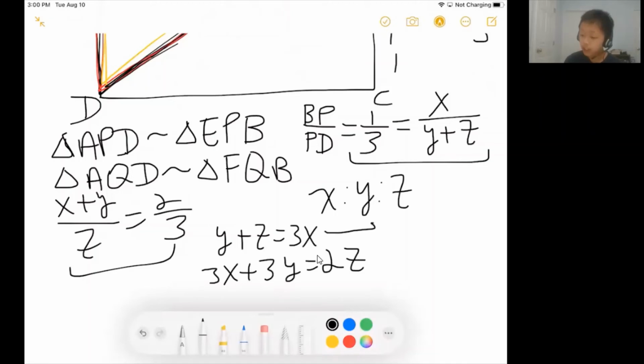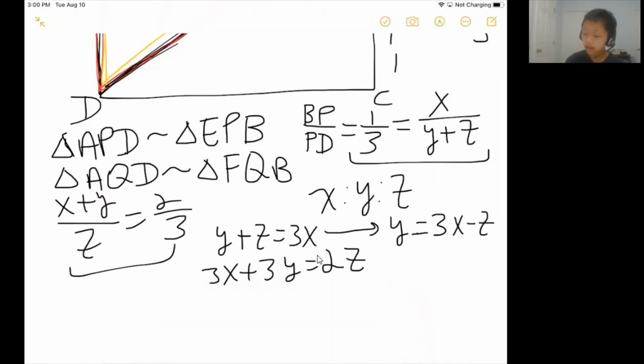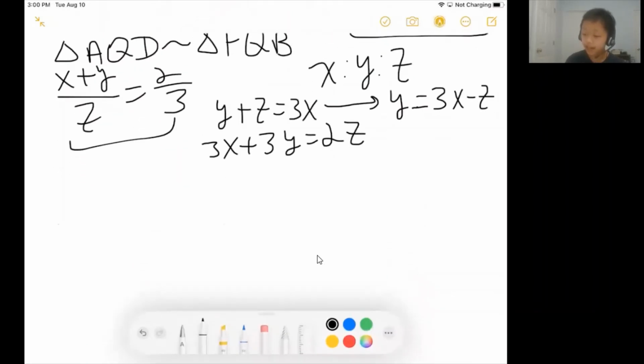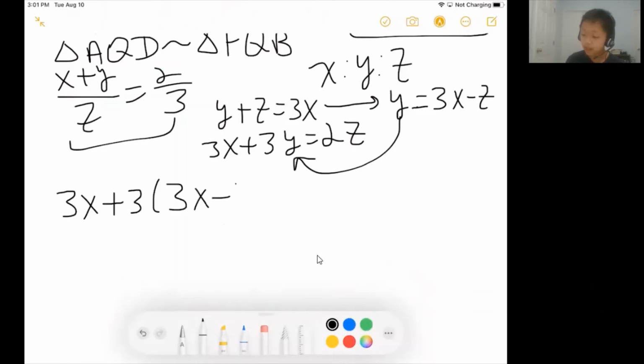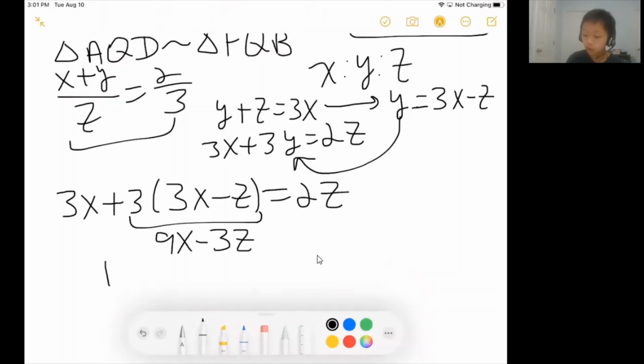From the first equation, Y is equal to 3X minus Z. We can substitute that into the second equation. So we would get 3X plus 3 times (3X minus Z) equals 2Z. Here, this is equal to 9X minus 3Z. So we would have 12X, because you have 3X plus 9X, and you move the 3Z to the other side, this equals 5Z.